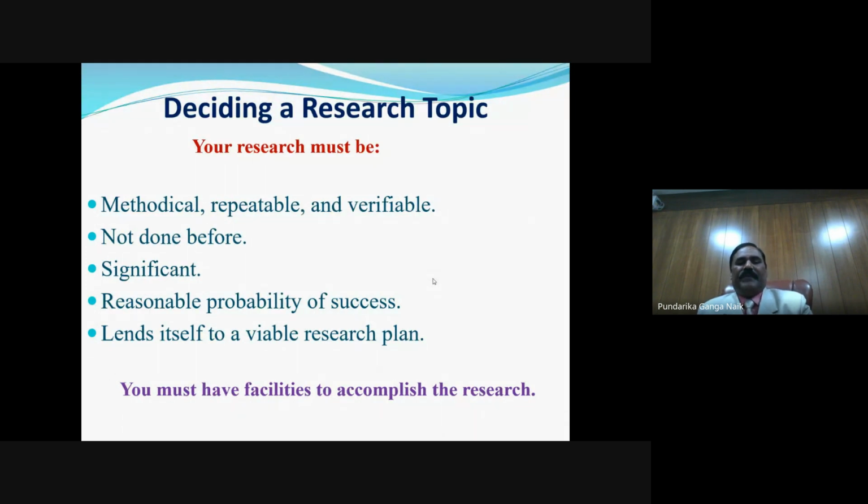And you should also bear in mind that it should not have been done before, not only by you, but even by others who are working in the area or domain which you have chosen for your research proposal.